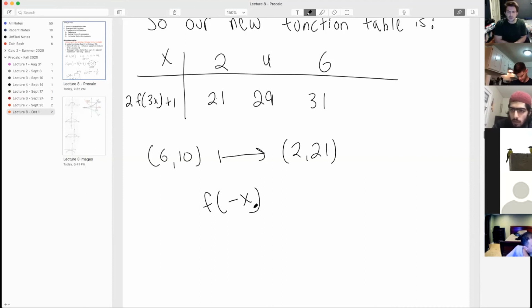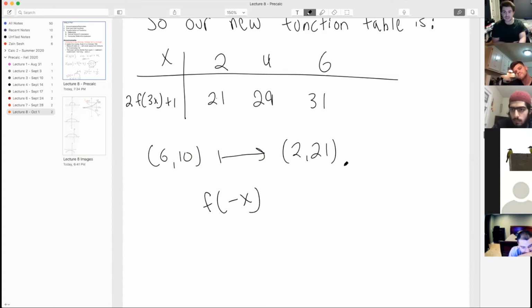So you said a reflection about the y-axis, right? Yes. That's f of negative x. Yes. And if you were to formulate an equation, do you want that outside the parentheses, like negative parentheses x minus h, or can it be inside? I see what you're saying. It's going to be outside the parentheses.